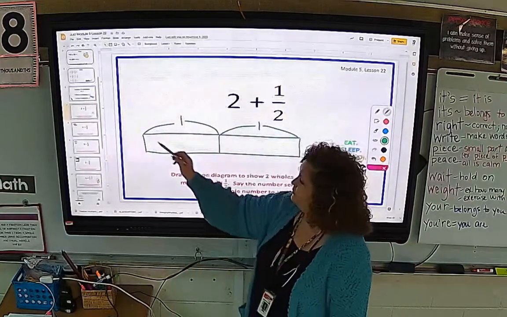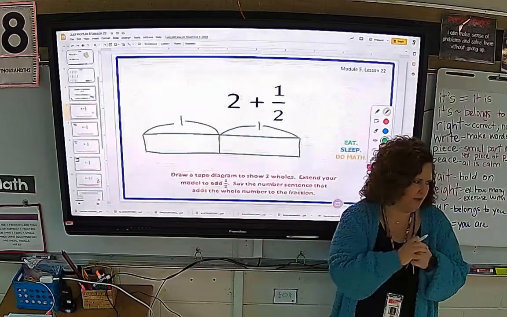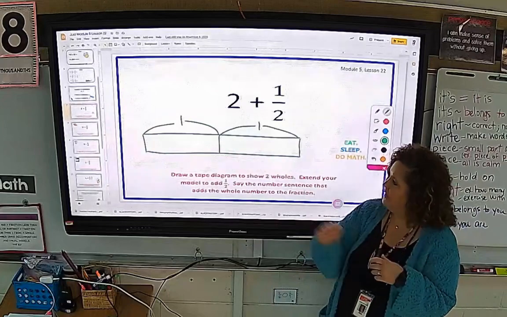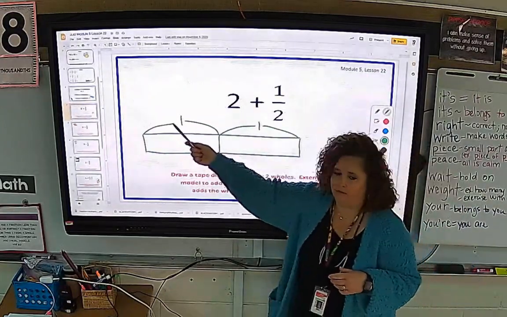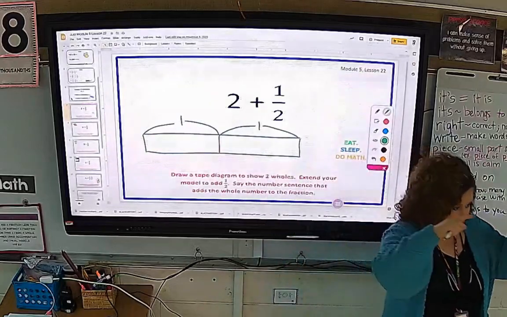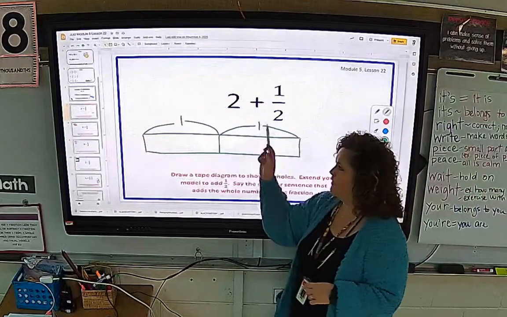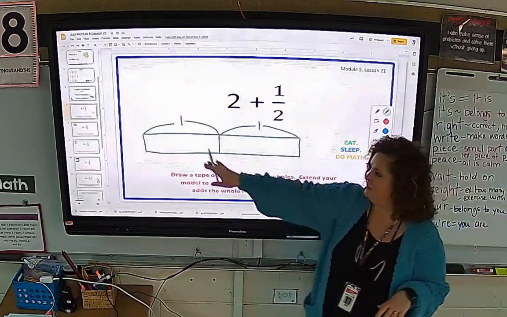Or I could have put 1 big bracket and said 2. I could have done it all together. All right. Now, there is my 2 wholes, and I showed that with that label. You see what I mean by labeling it? I could have said this is 1/2 and 1/2 if I had a different math problem, but I need to show 2 whole pieces. So here we go.